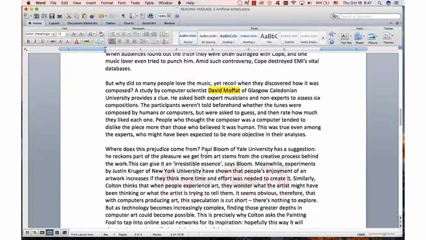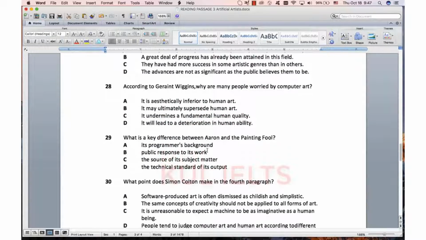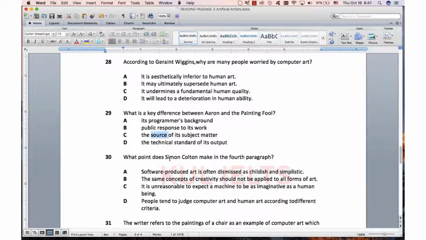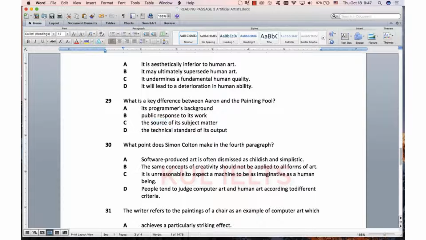It can get material online by itself. Programmer's background, nothing. Public response, we don't know. The source of its subject matter, yes. It goes online. Technical standard, we don't know. So C, definitely. Where does it get its material? Online. This goes online by itself.